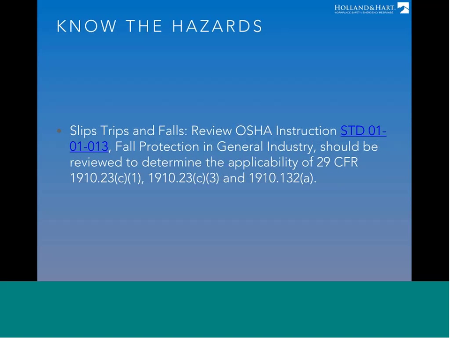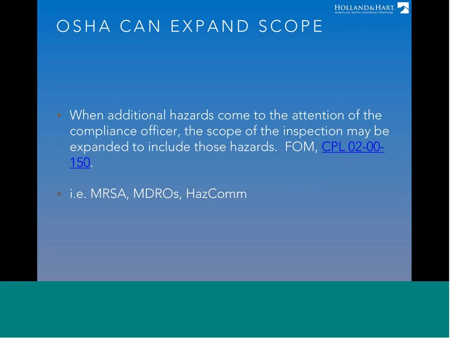And again, just pointing to another instruction document here for slips, trips, and falls. Check it out. It will be very helpful when crafting your plans. And this is kind of a general comment here, but even if OSHA comes to your facility, responding, for example, to a complaint from an employee of a hazardous condition, an OSHA inspector can always expand the scope of their inspection to include other hazards.